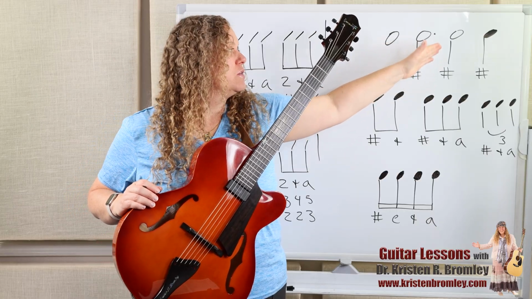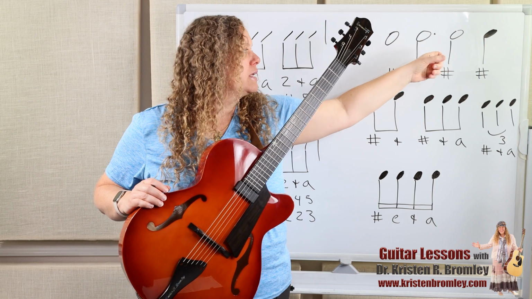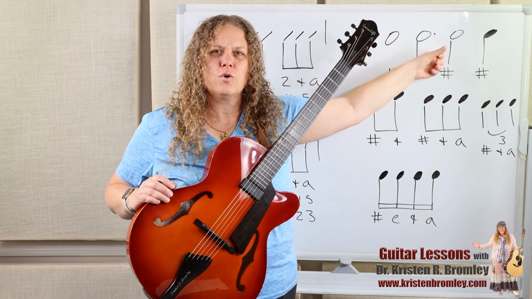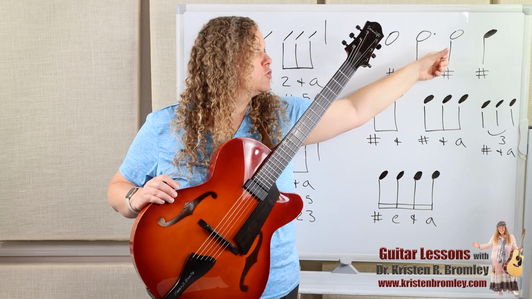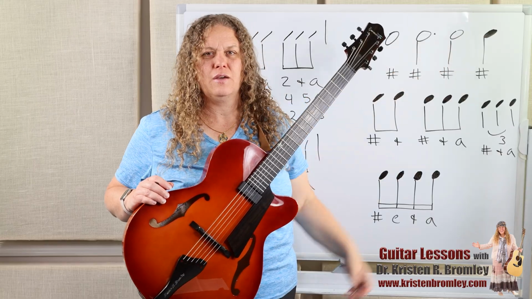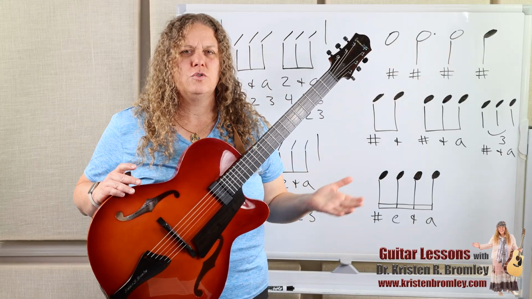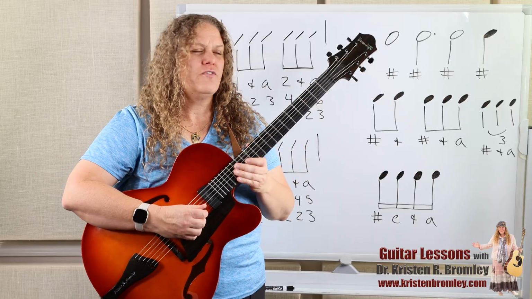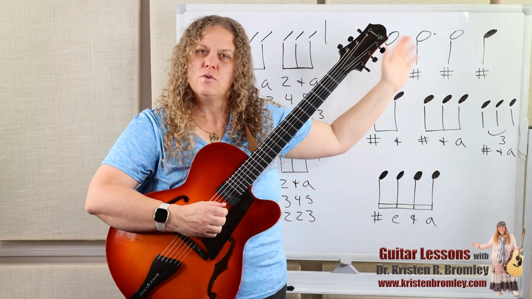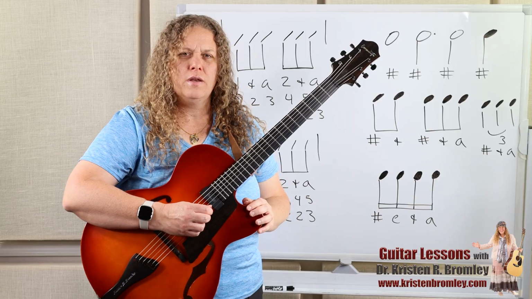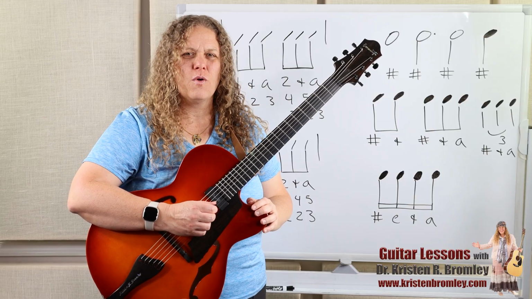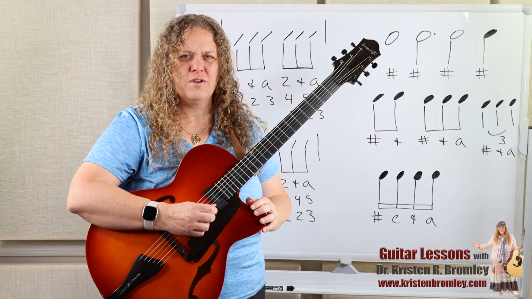Then you have 2 half notes. Remember, these are worth 2. So I can count 1, 2 as we're holding that first half note, and then 3, 4 as we hold the second one. So if I had a whole note for the first measure and 2 half notes for that second measure, I have 1, 2, 3, 4, 1, 2, 3, 4.